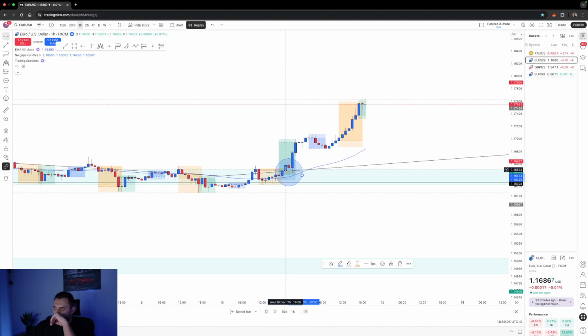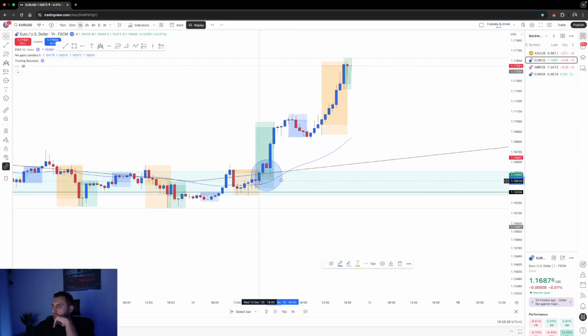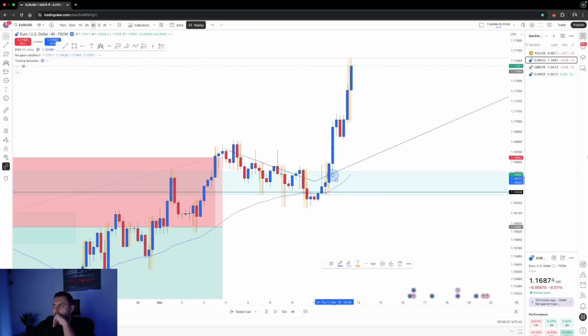Here is where the price shifted on the 4 hour from bearish to bullish, and basically here I would have had to enter, and this is at 9 p.m. and that's an hour where I'm not looking for entries anymore.